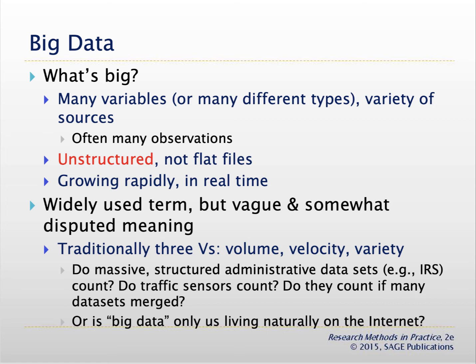One of the biggest things about big data is it's typically unstructured, not flat files, nor is it that nice structured relational database. You want to think about us sort of clicking through the internet. Each place we go, we make a different branch, and people made different branches. How would you structure that data? Honestly, I don't know. This is not a field that I know, but it's growing rapidly.